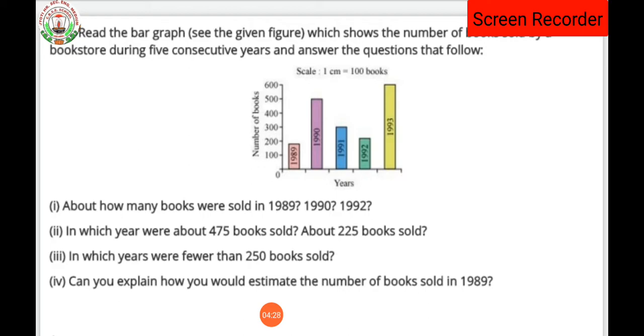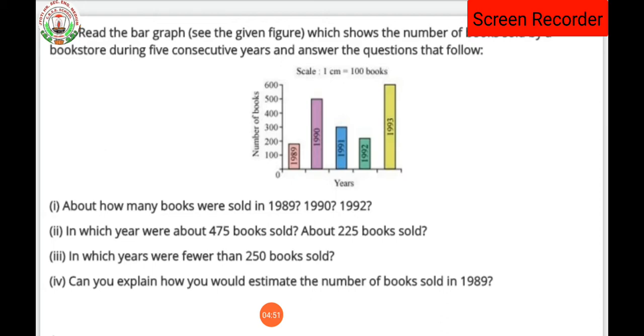Now what is asked in the question? About how many books were sold in the years 1989, 1990 and 1992. That means three years are given, and you have to look at the graph and answer how many books were sold in the years 1989, 1990, 1992. Okay.